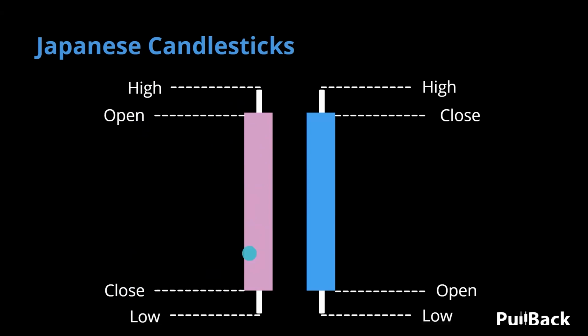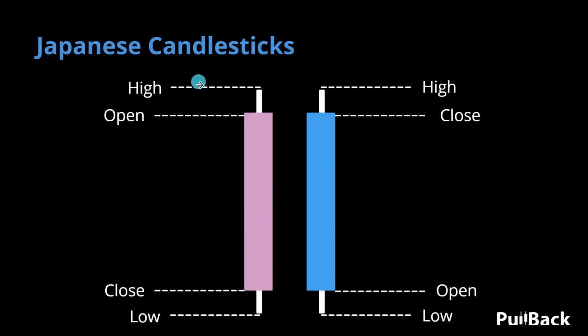Okay. So the open indicates where price opened as the starting point of this daily candle or this trading day. Okay, we have the opening price, and then we also have the closing price, which indicates to us where price closed as the day ended.